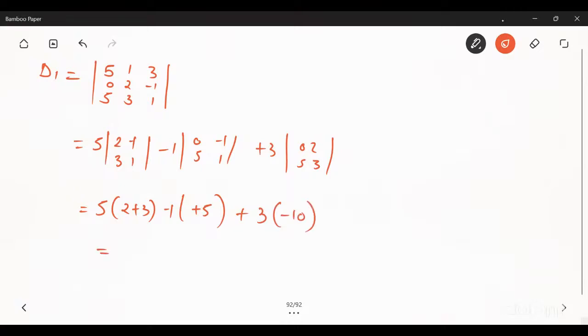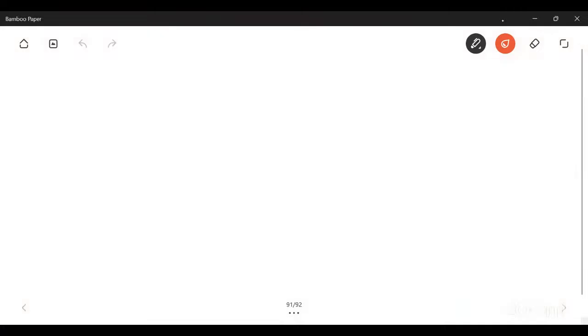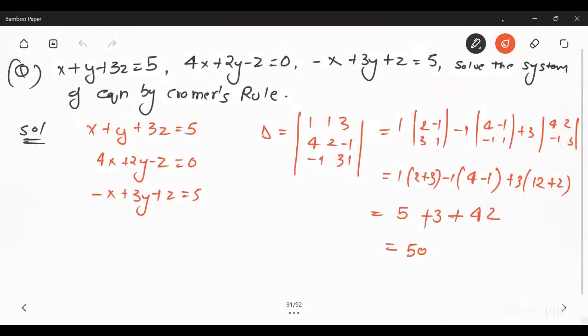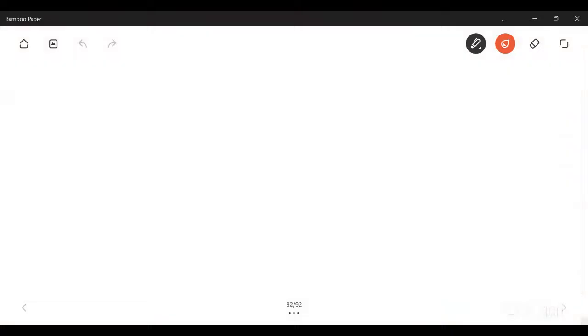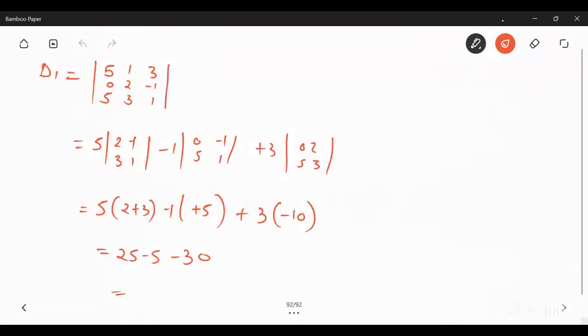So 2 plus 3 is 5, 5 fives are 25, minus 5, minus 30. So the value will become minus 10.